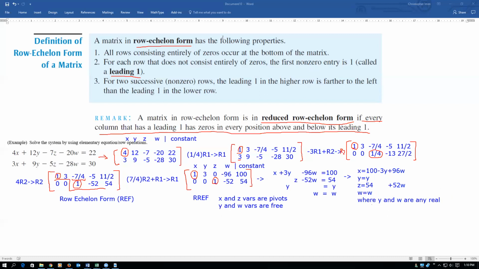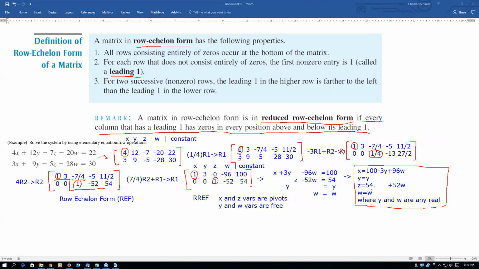What that means is that if x, y, z, and w satisfy these equations, they will satisfy this equation.